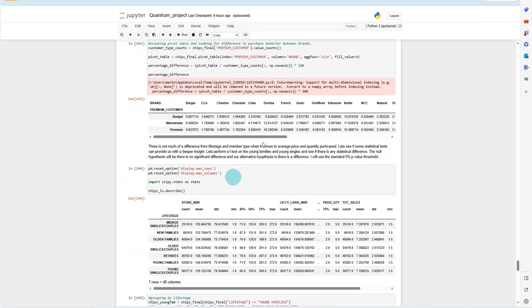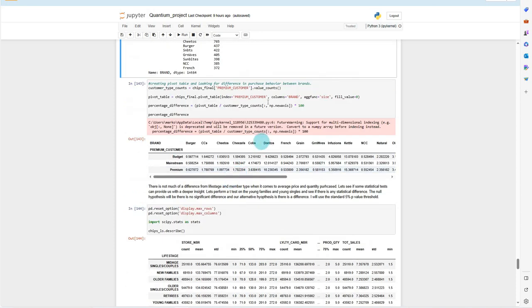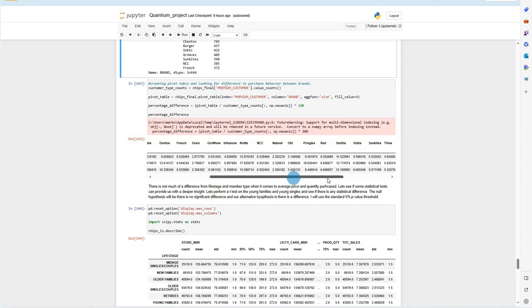So then I decided to make a pivot table out of this and take a look at it, dividing it by the total customer count, looking at the percentages by each brand, dividing it and then multiplying it, kind of like a percentage. But there's not much variance at all looking at the raw numbers.